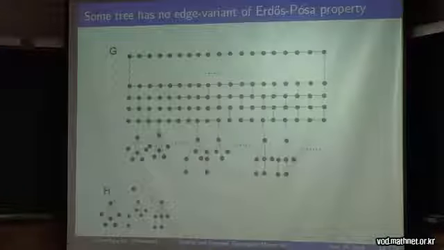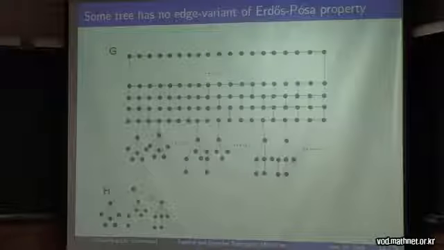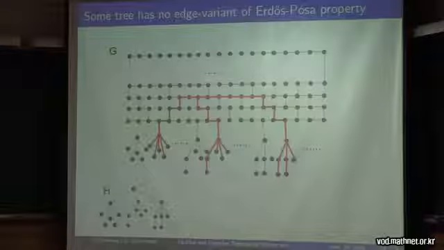So one question you can ask is, again, for a characterization of the graphs H such that I of H has the edge variant of the Erdős–Pósa property. But the answer could be as difficult as in the topological minor case, because you should see this counterexample. It's also a counterexample for saying this tree has no edge variant of the Erdős–Pósa property.